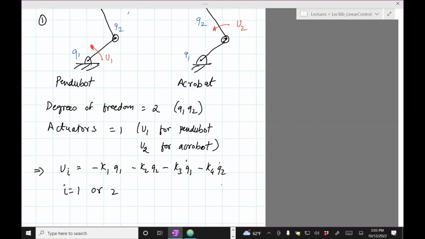Now, if I ask you to choose K1, K2, K3, K4, that is really hard because you have no idea how to tune them with only one actuator. When we had two actuators, it was easy. You could put a PD controller on the shoulder joint using the forearm information, and use the elbow joint's sensor information and angular rate to control that one. So two actuators is easy, but one actuator is really hard. How do you choose those gains?